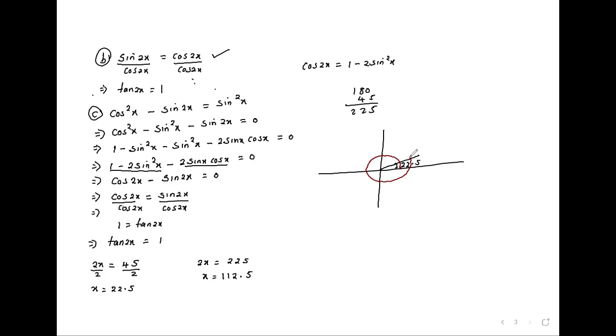So that coterminal angle will also be part of the solution here. So you say x is equal to 22.5 plus 360. So plus 360.